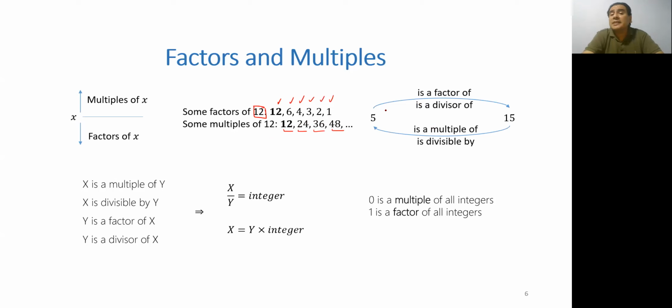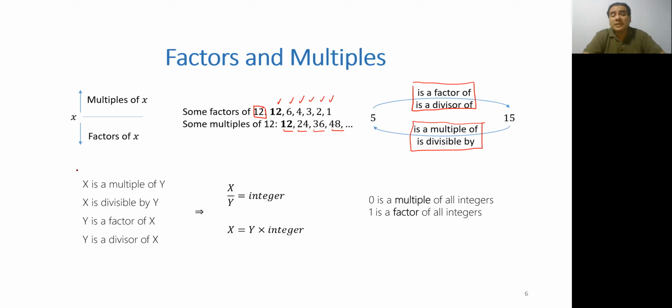For example, you can say 5 is a factor of 15, or 5 is a divisor of 15. And this means that 15 is a multiple of 5, or 15 is divisible by 5. These two expressions are like inverse, and they are used as synonyms actually in problems.